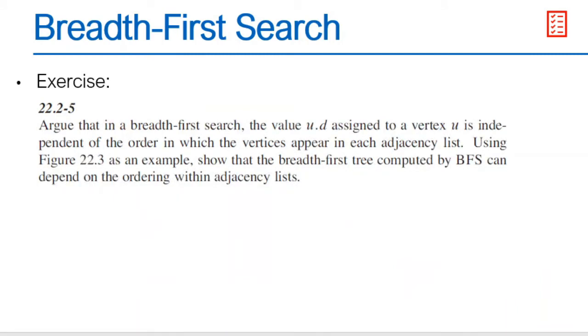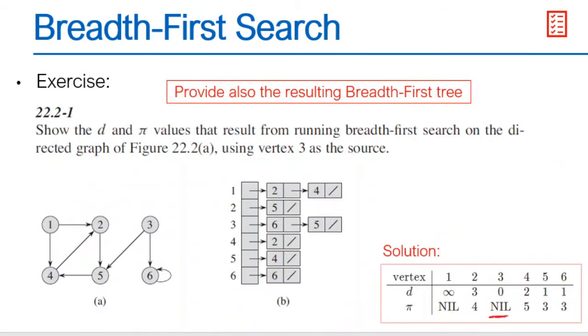Another exercise: argue that in the BFS, the value of the distance assigned to a vertex u is independent of the order in which the vertices appear in each adjacency list. So for example, in this case, the distance between 3 and 6 is independent of whether 6 appears before or after 5.